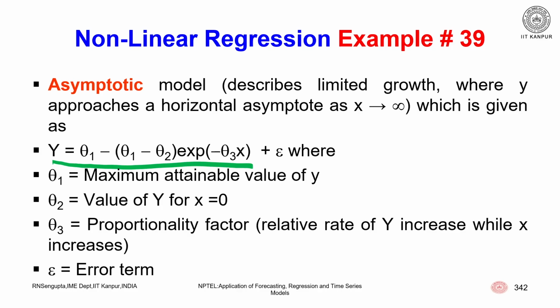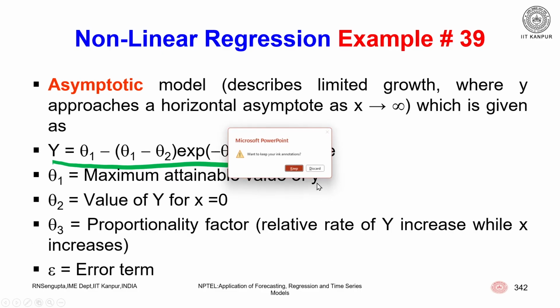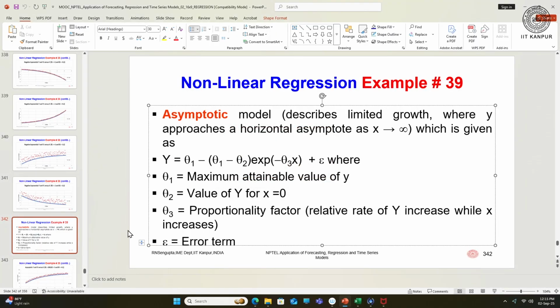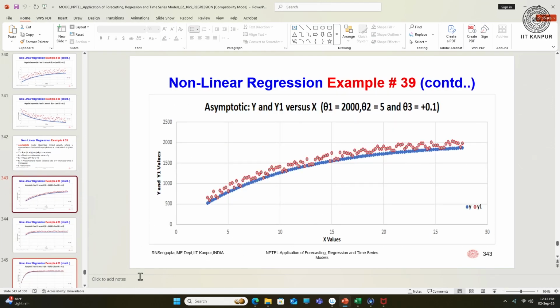So, there are 3 parameters theta 1, theta 2, theta 3. Theta 1 is the maximum attainable value of y, theta 2 is the value of y when x is equal to 0, and you will see that in the Excel sheet, and theta 3 is the proportional factor, the relative rate of y increase while x increases. Epsilon is the error term as already mentioned, and it will be repeated for each model.